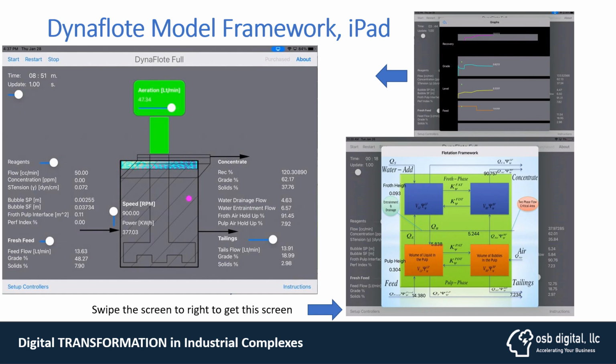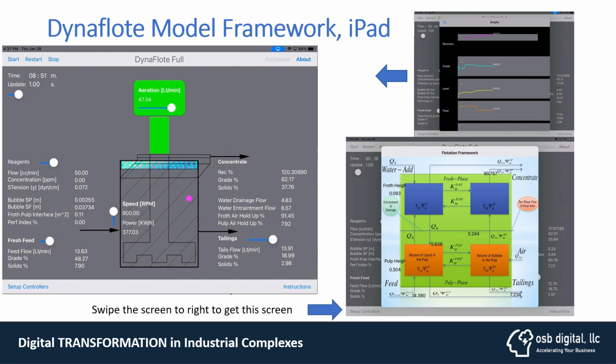This has also been presented very recently on the iPad, because now the computer power of these machines is enormous, so we can solve all the many differential equations here in real time and show you the effect of this, as you can see here, this level, and you can see the model on sub-processes, all the key parameters being identified, and also the trends on how you are manipulating the amount of air, manipulating your power, manipulating the tailings, which is the most important variable.